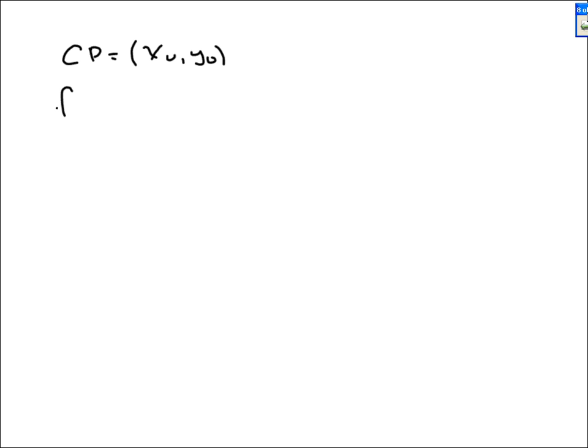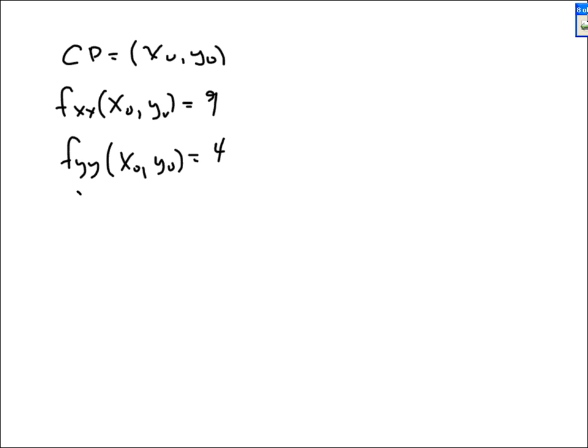And they also tell us fxx at the critical point is 9, and fyy at this special point is 4, fxy at the critical point, this is 6. They ask us to tell us what's going on at x0, y0. Is it a max? Is it a min? Is the test going to fail?